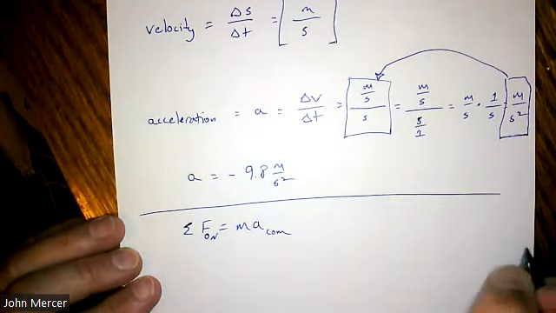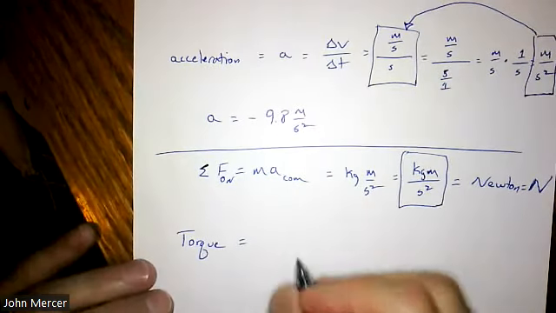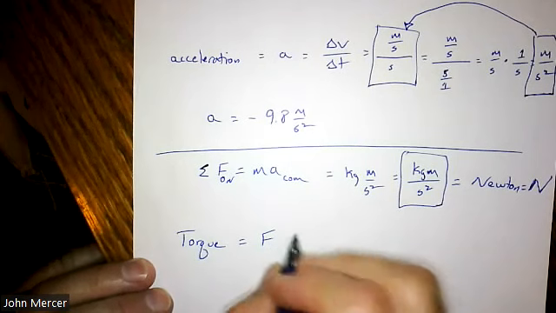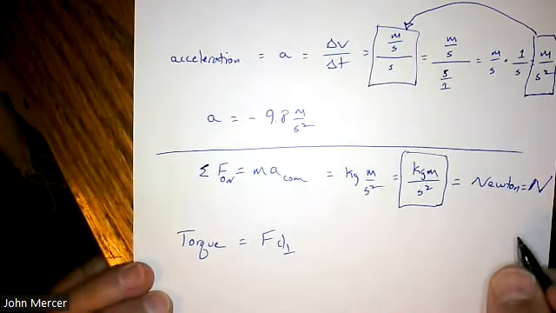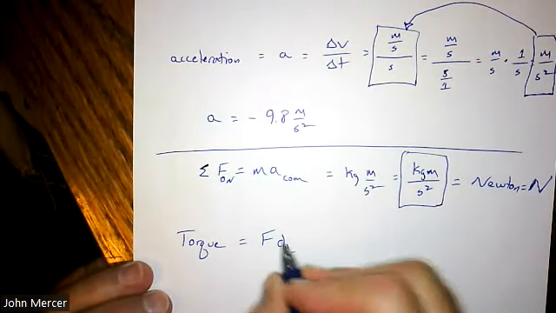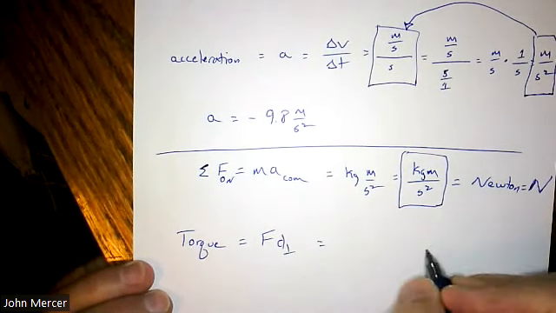So for example, let's go to another equation. Torque. There are two equations for this, but I'm going to use this one right here. Torque is equal to the force times its moment arm. There'll be lectures on this because this is really important to understand. But in this case, let's just do a unit analysis.